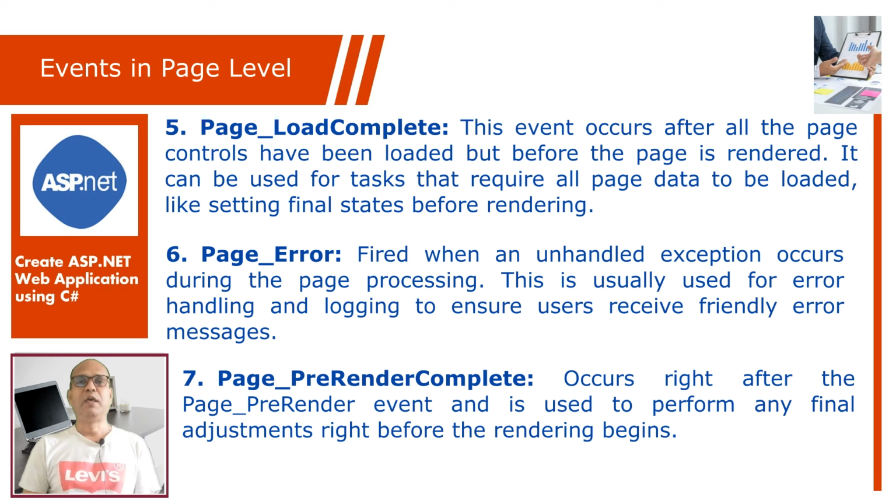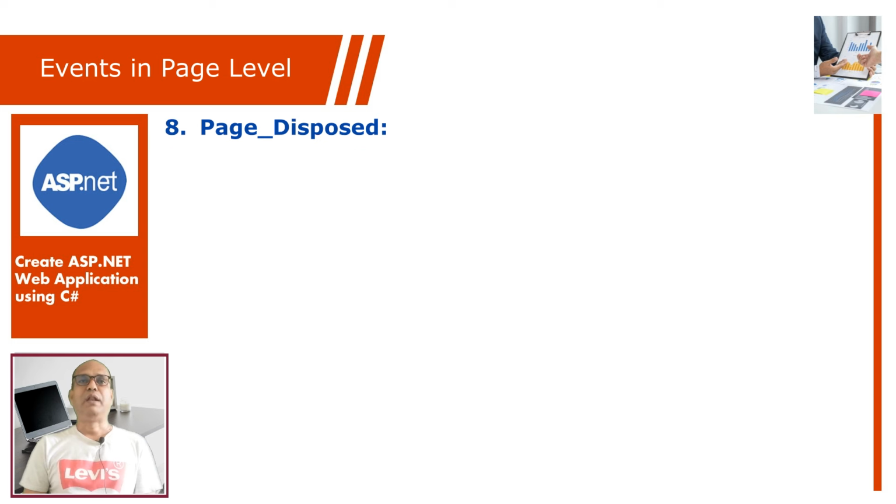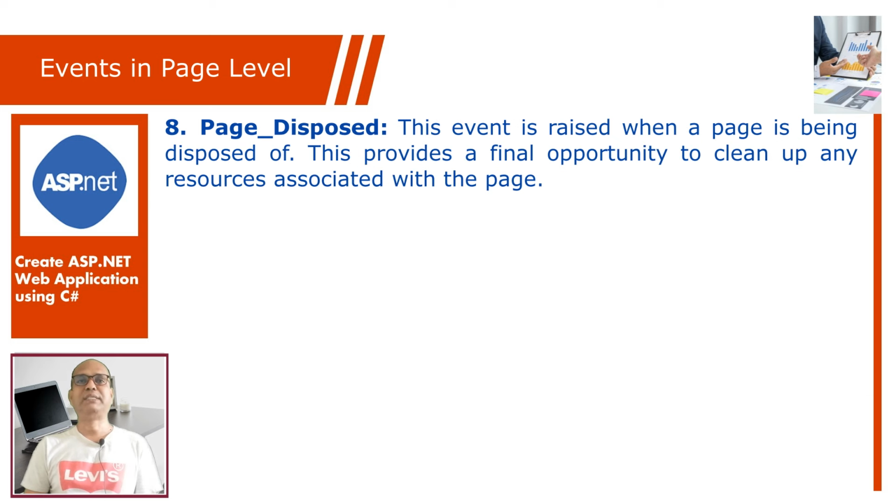Number 7, Page PreRenderComplete, occurs right after the PreRender event and is used for performing final adjustments right before the rendering begins. Number 8, Page Disposed. This event is raised when a page is being disposed of.